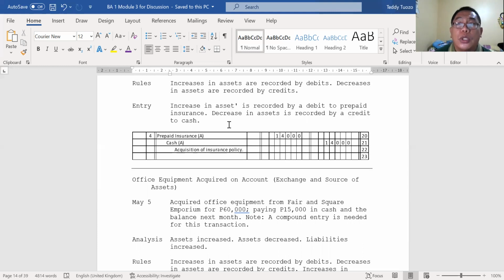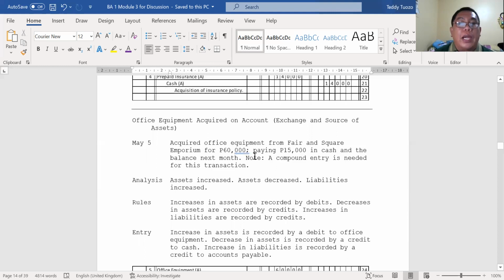And do not forget also to write, since it is an explanation, it is in sentence form, that at the end of every sentence there is always a period. So in the explanation, there must be a period after the last word of your explanation.